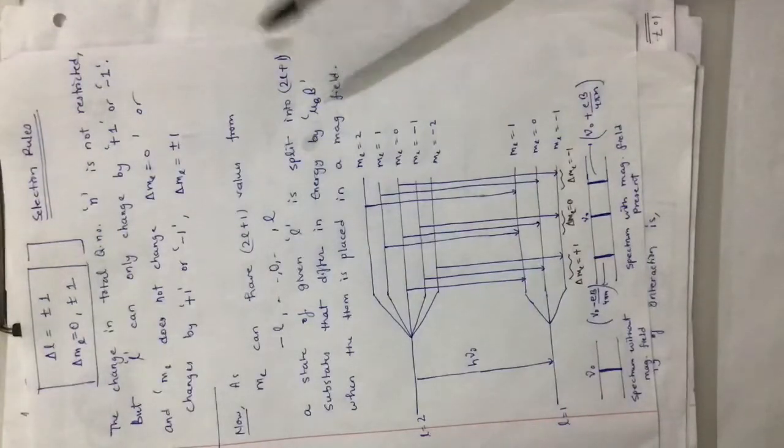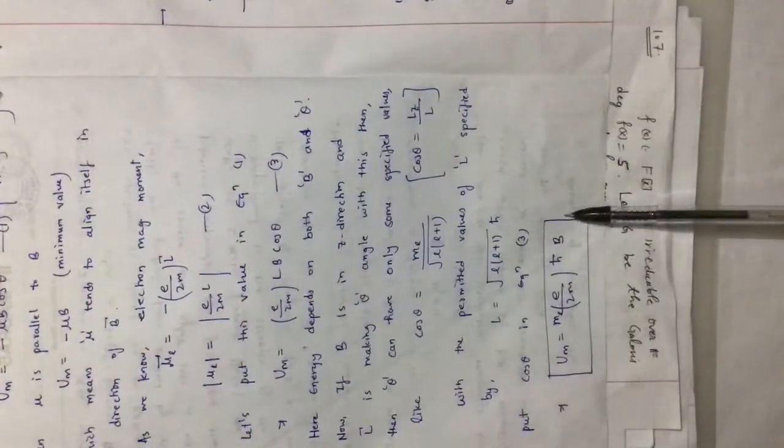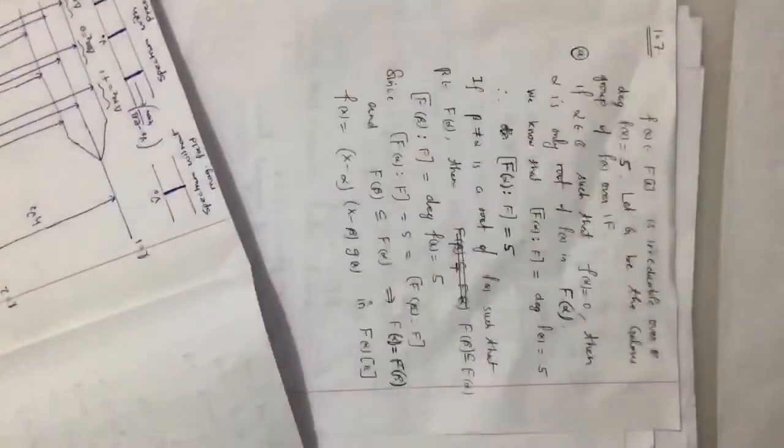We got this result from here, right? We actually found out this result. That now this is mu B, and ML can be plus minus 1, then the magnetic interaction energy can be mu B into B, right? So the substates differ in energy by mu B. This depends on the magnetic field whenever the atom is placed in an external magnetic field.